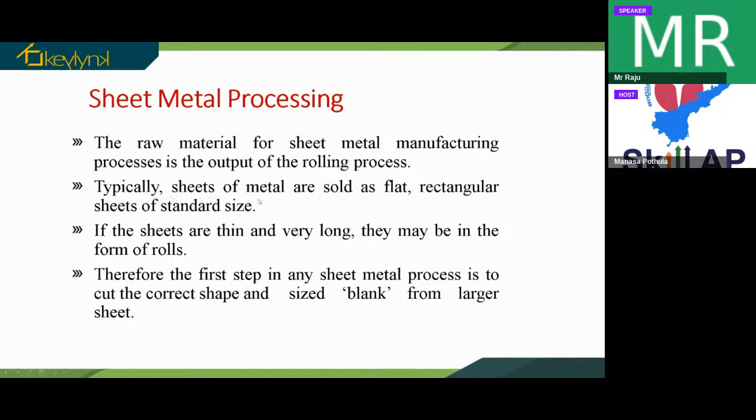Typically sheet metals are flat rectangular shapes, and if the thickness is very thin and the length is very long, then it is rolled up into rolls. That's how we get it in the market if we want to buy sheet metals.